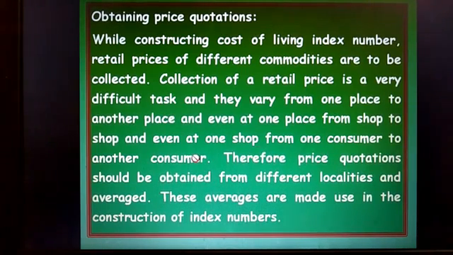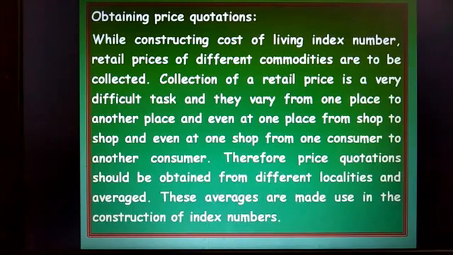Therefore, price quotations should be obtained from different localities, from different areas, and then averaged. These averages are made use of in the construction of index numbers, that means consumer price index numbers.